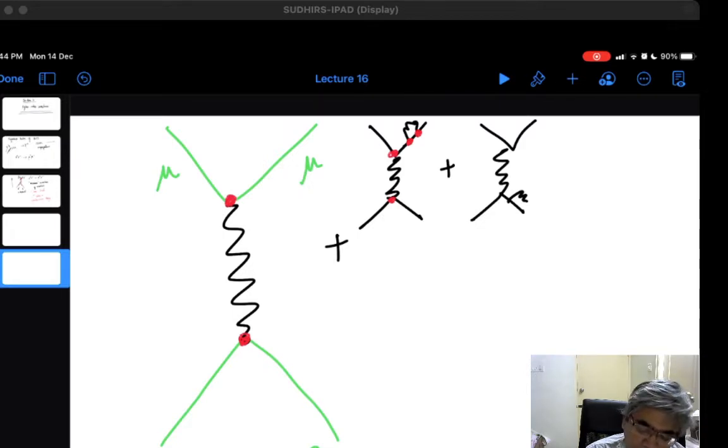Similarly, I can have this on all the 4 lines, which lead to a photon being emitted and then getting absorbed by itself on the external line.